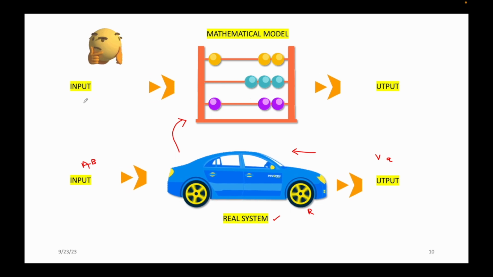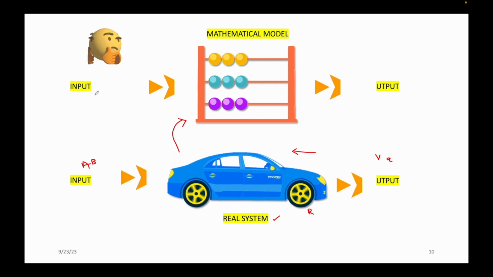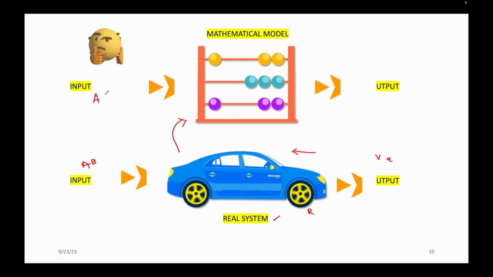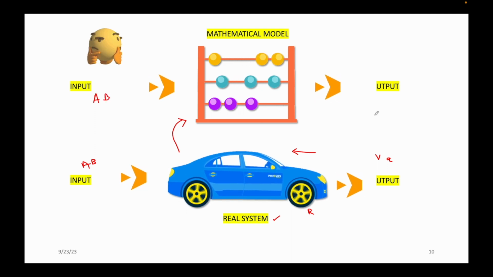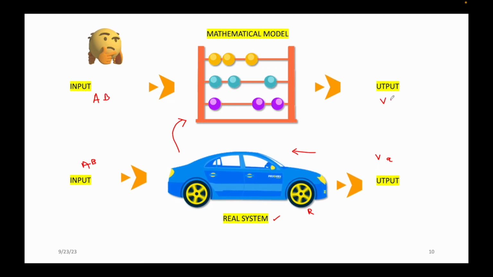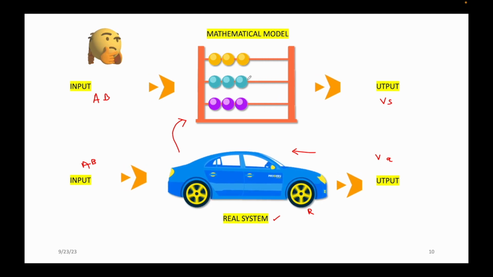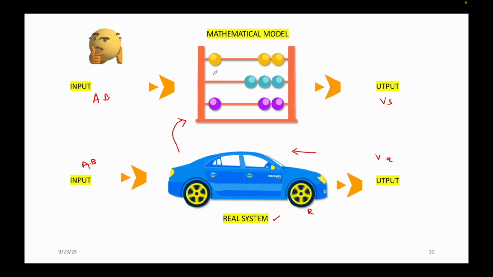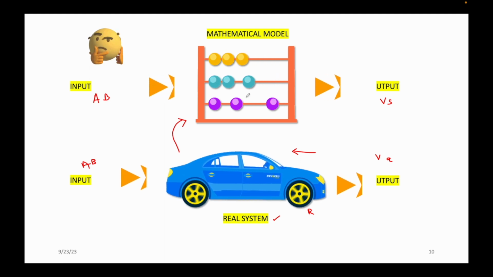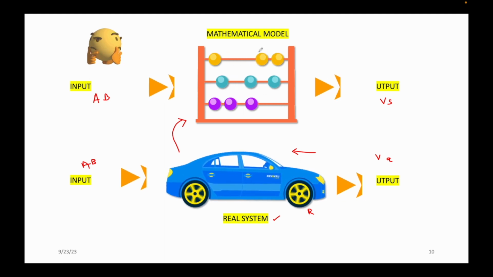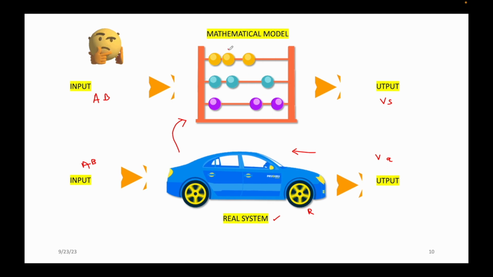Here input could be the acceleration and brake in numerical format. Output could be velocity and acceleration, also in numerical format, and the coefficient of drag or coefficient of friction or the wheel radius could be tuned based on the actual system that we have.